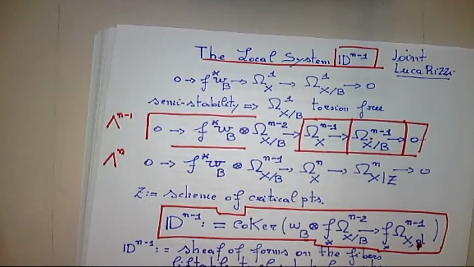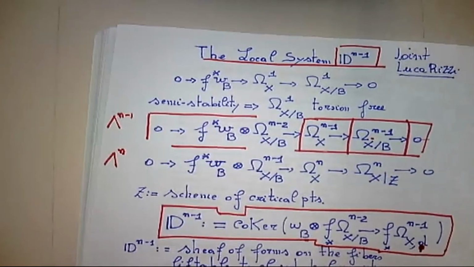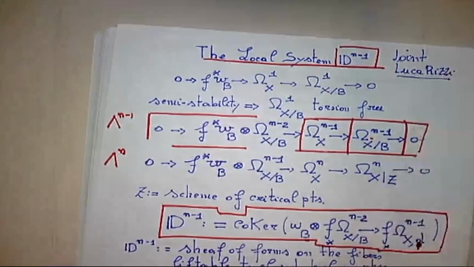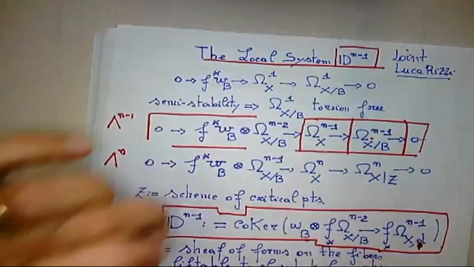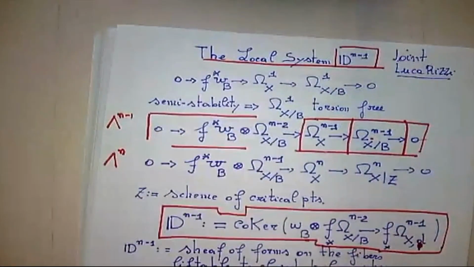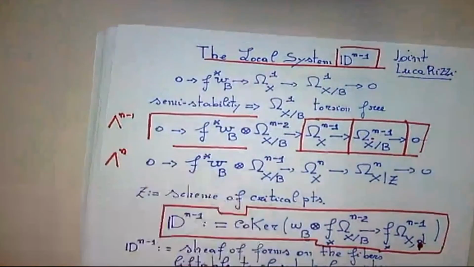It consists of the forms on the fibers that you can lift to closed holomorphic forms on X. You will see in a moment why this object is important. But are there any questions, guys? No problem to ask, because I understand that this way to explain things could create some problems because of numbers, but essentially you take the de Rham resolution, you push forward, you check obviously the snake lemma and so on, and you find this object.